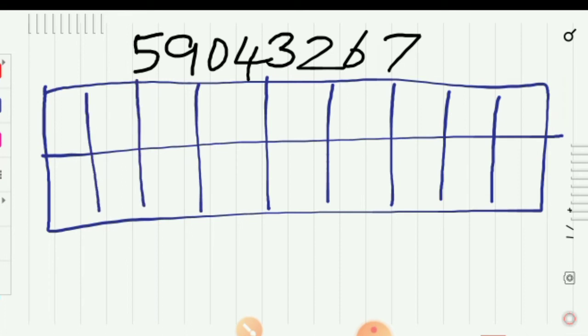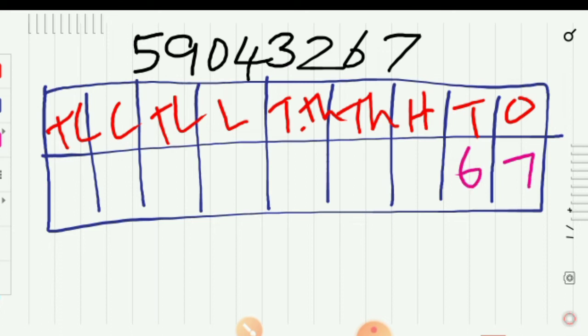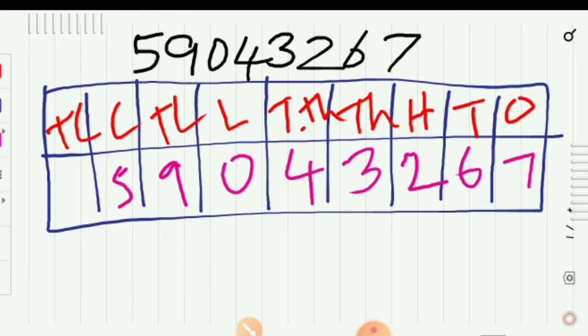Next write the place values: ones, tens, hundred, thousand, 10,000, lakh, 10 lakh, crore, 10 crore. Next, write the numbers from left to right. That means ones to ones, hundreds, thousand, 10,000, likewise. 7, 6, 2, 3, 4, 0, 9, 5.